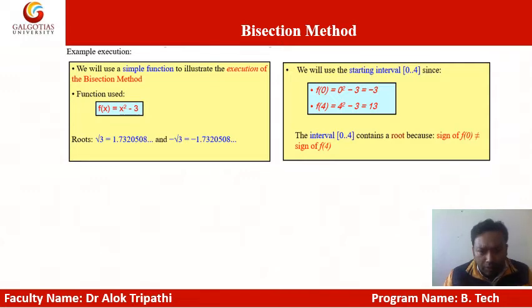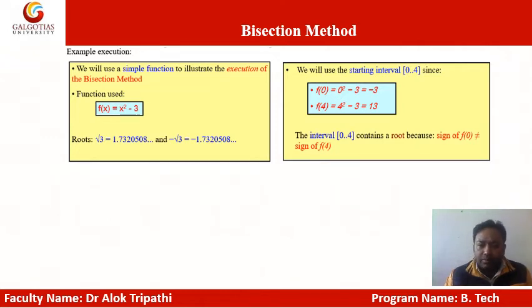But we want to find the root of this function by a numerical method, that is, the bisection method. So first of all we shall find the interval in which the root of this function will lie. How can we do it? We'll apply the hit and trial method.